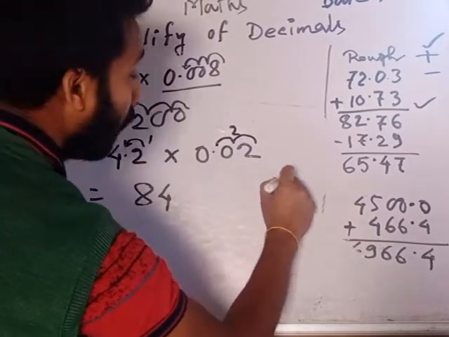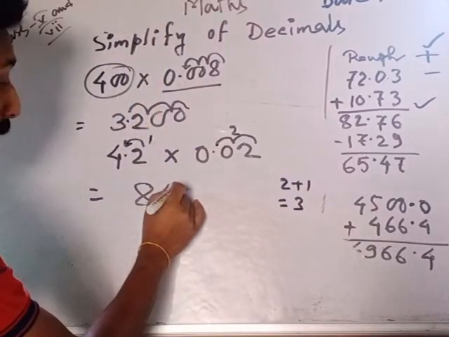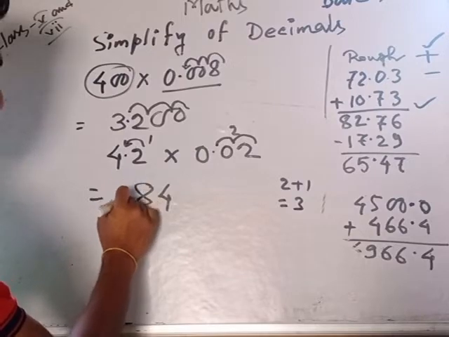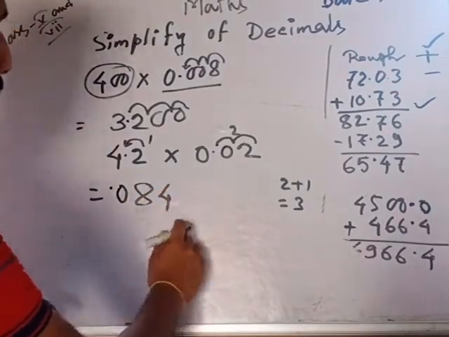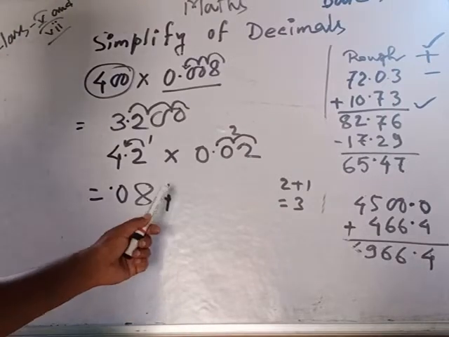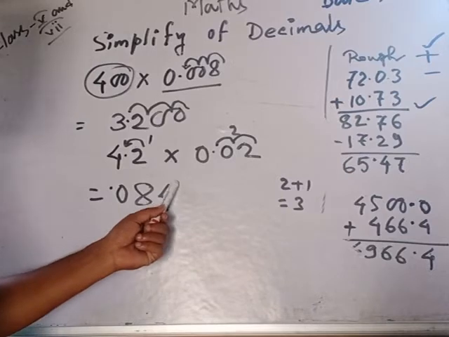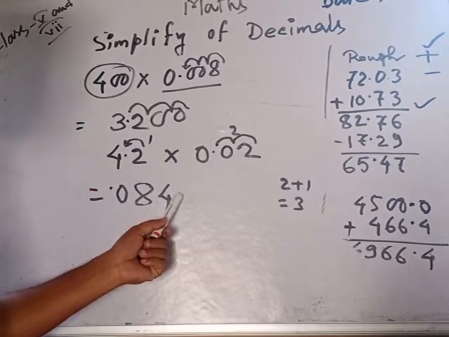That means 2 plus 1, that is 3. So we should take the point back 3 digits: 1, 2 and 3. You should count the point from your extreme right side.